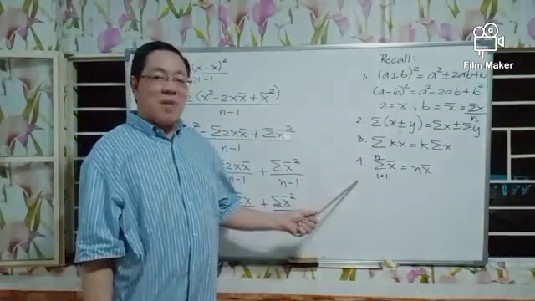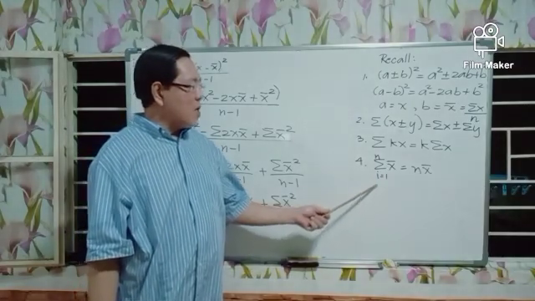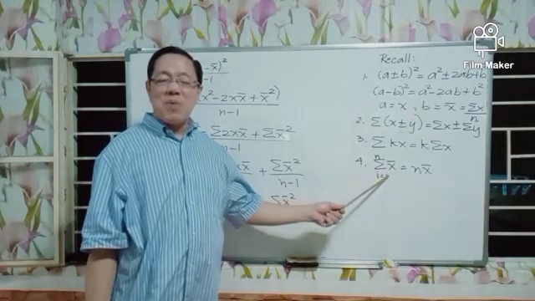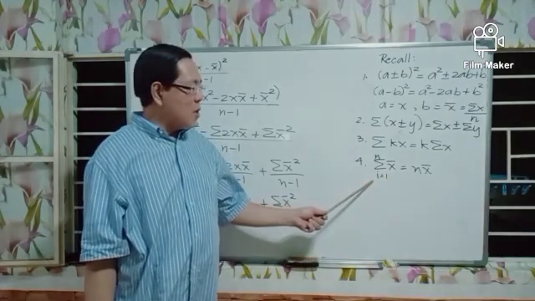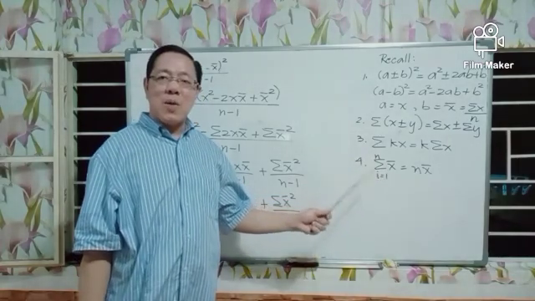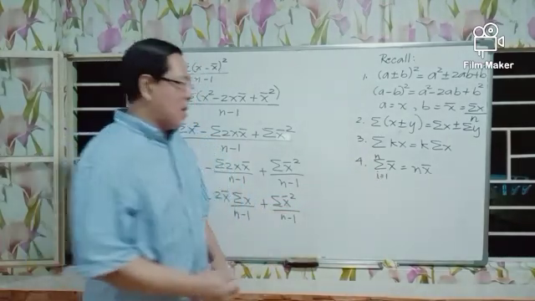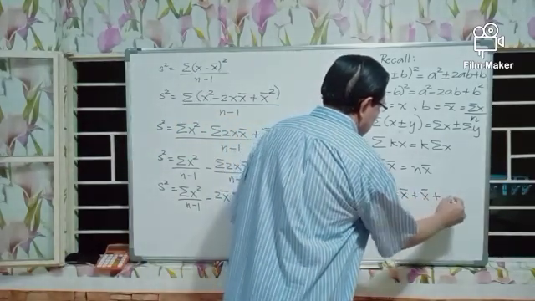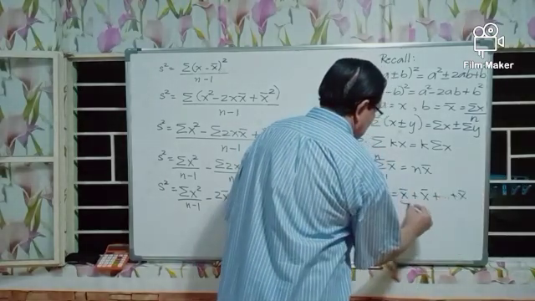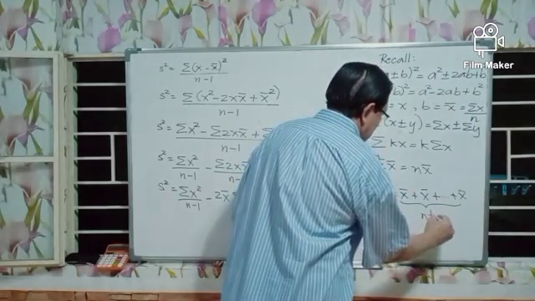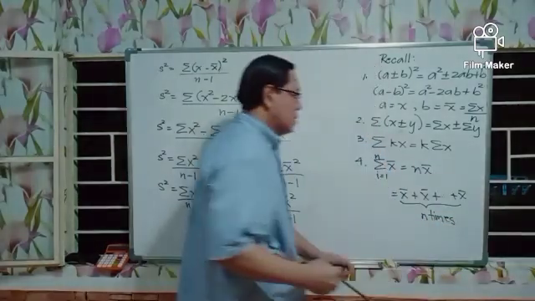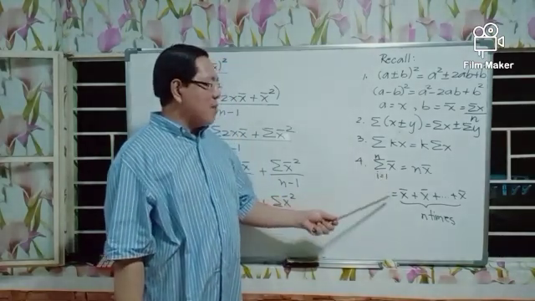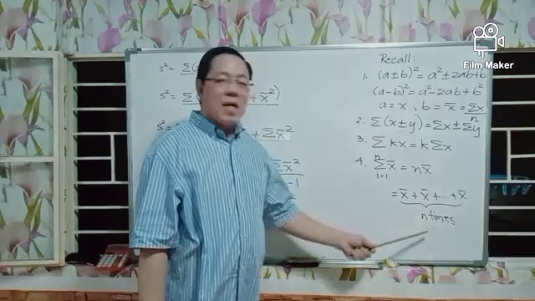The other property of summation says that the summation of a constant for i from 1 to n means you are adding the constant x bar n times. That means summation of x bar for i from 1 to n is equal to x bar plus x bar plus x bar, adding x bar to itself n times.